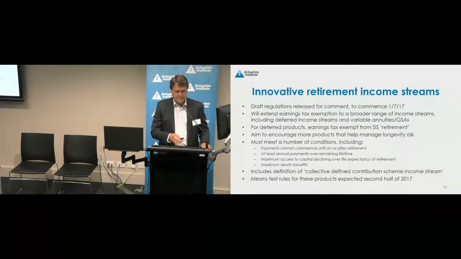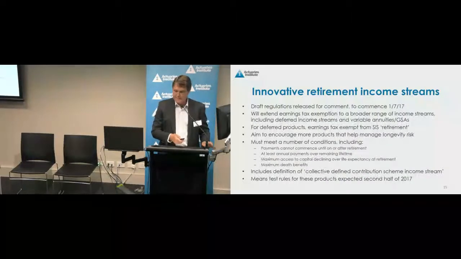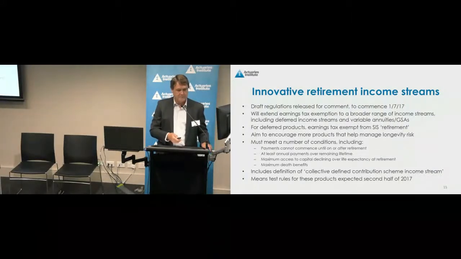Other people in the Institute are looking at that, but we're just making you aware that this is probably a topic for a future session, and that we're aware of it. Obviously, once these exist, the definition of pensions and how they're treated, whether they're capped or not capped, will need to be taken into account, but I'm sure that will depend upon the particular design and the characteristics of those income streams.